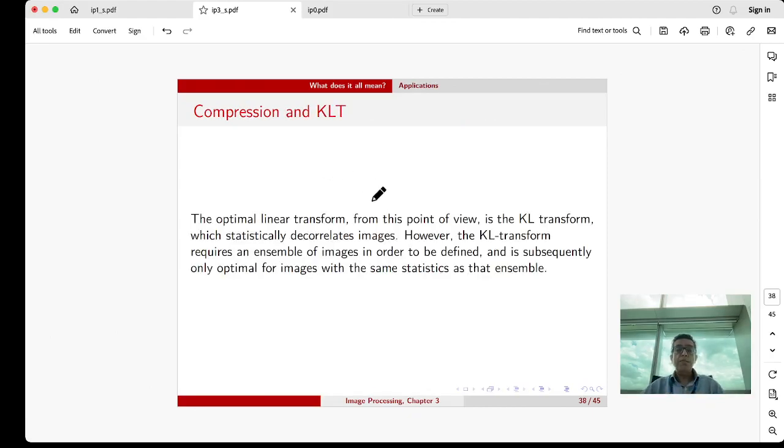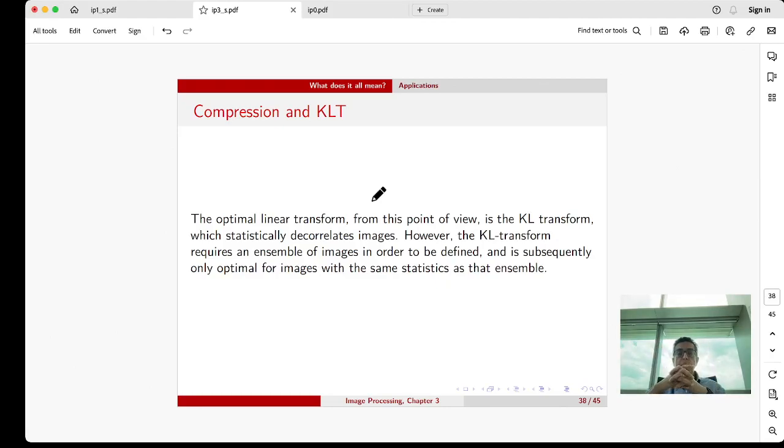From the perspective of image compression using transforms, sometimes the KL transform, although it requires this learning process, so it's an example of what's called a data-driven transform. The KL transform optimally, statistically decorrelates images according to a linear measure of correlation.